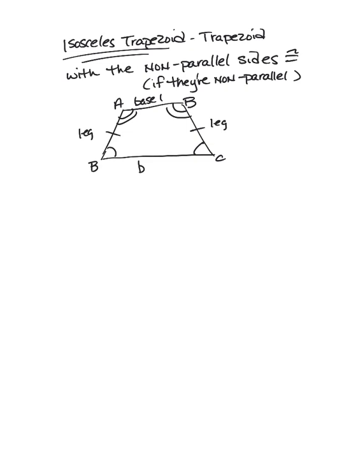Base 1, base 2. And the real significance comes in the diagonals being congruent. Diagonals are congruent. Okay, that is an isosceles trapezoid. Now we're going to move on to the parallelogram.